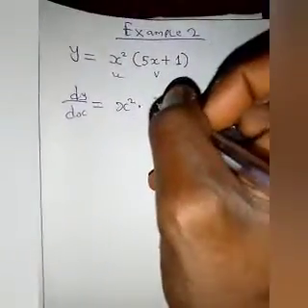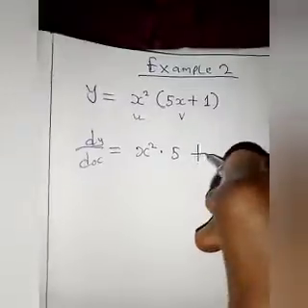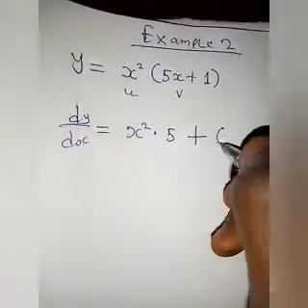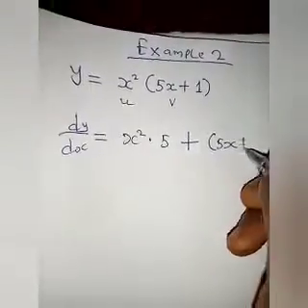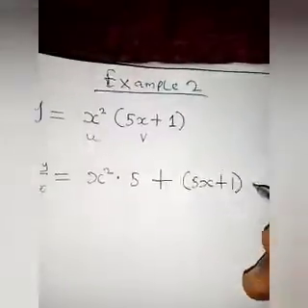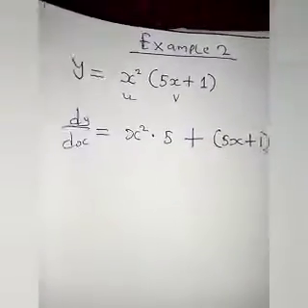When we differentiate v, we have 5, plus, then we pick v, which is 5x + 1, then we differentiate u. When we differentiate u using power rule, we have 2x.